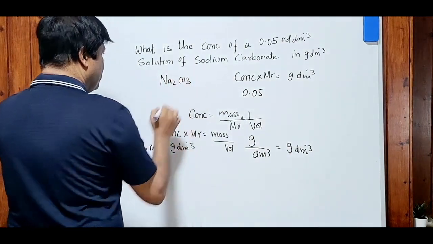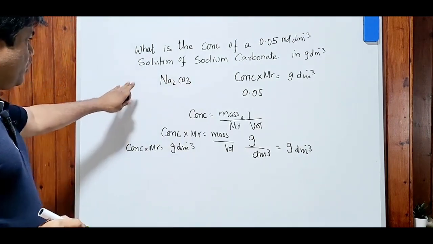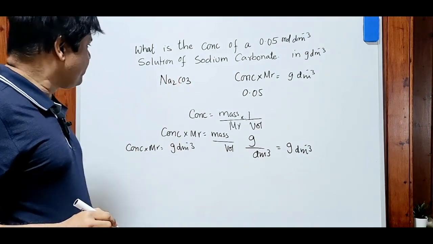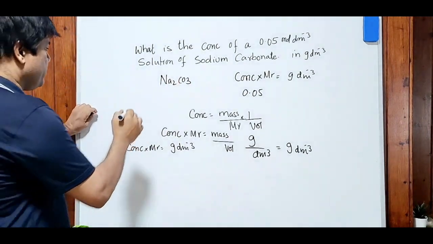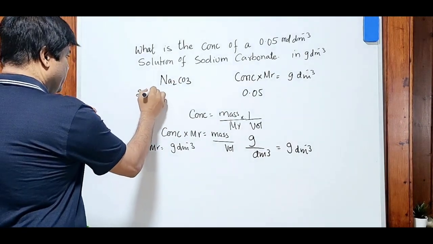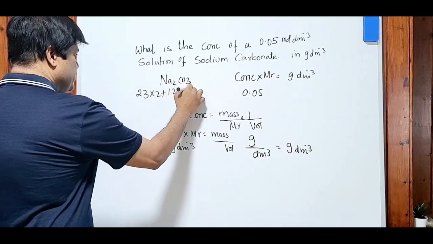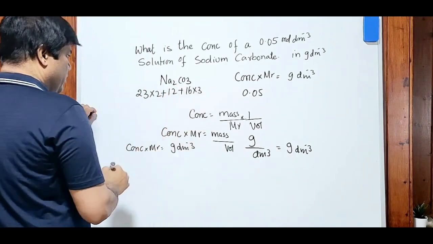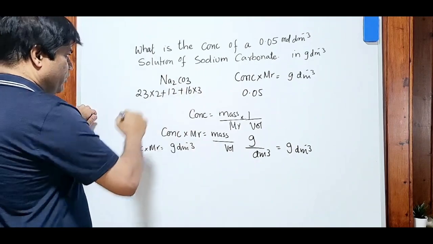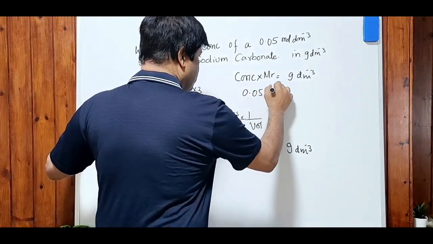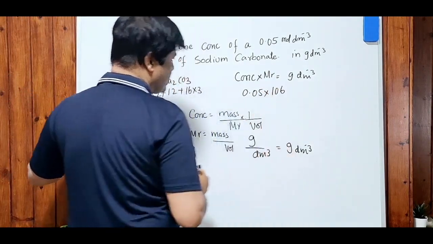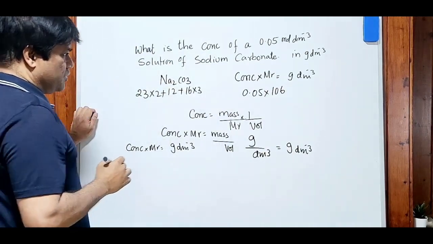Na2CO3, sodium carbonate. If you don't know the formula, don't worry, I will teach you. Sodium 23 times 2 plus carbon 12 plus oxygen 16 times 3. Use your calculator and work out. This is 106.